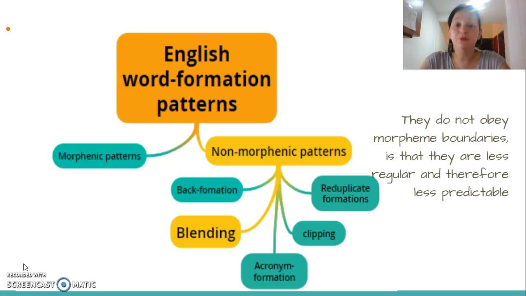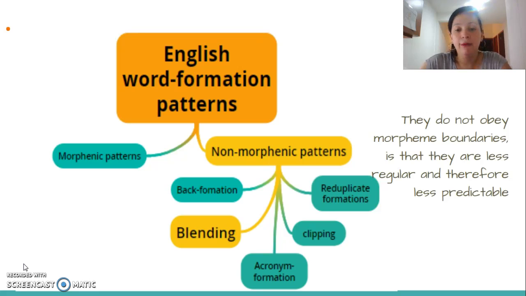We focus on non-morphemic patterns because they do not obey morphemic boundaries, so they are less regular and therefore less predictable. We can divide them into back-formation, blending, acronym formation, clipping, and reduplicative formations.